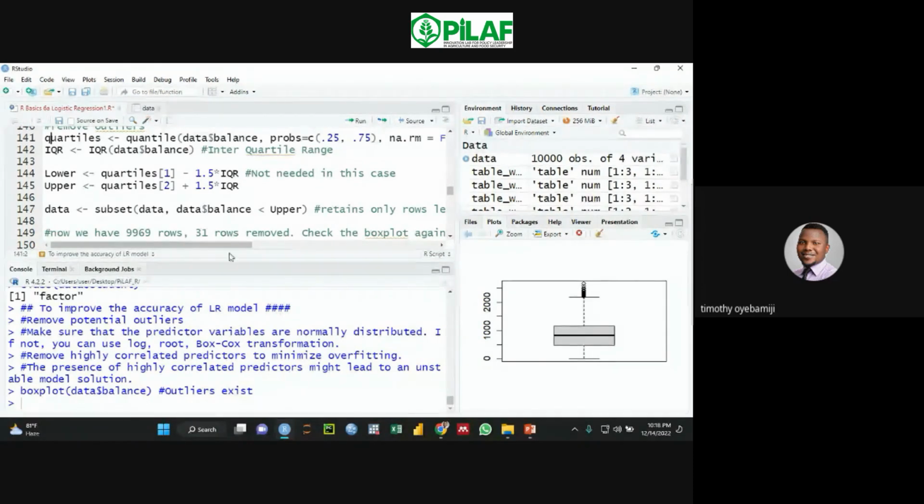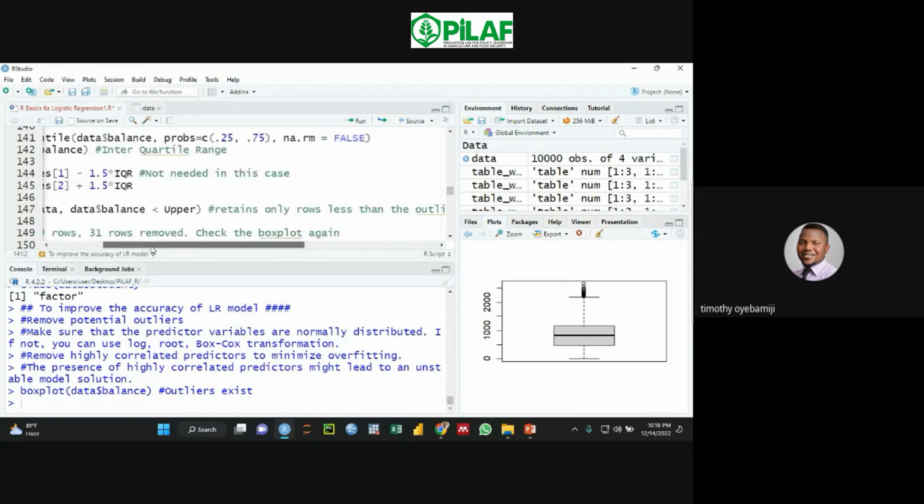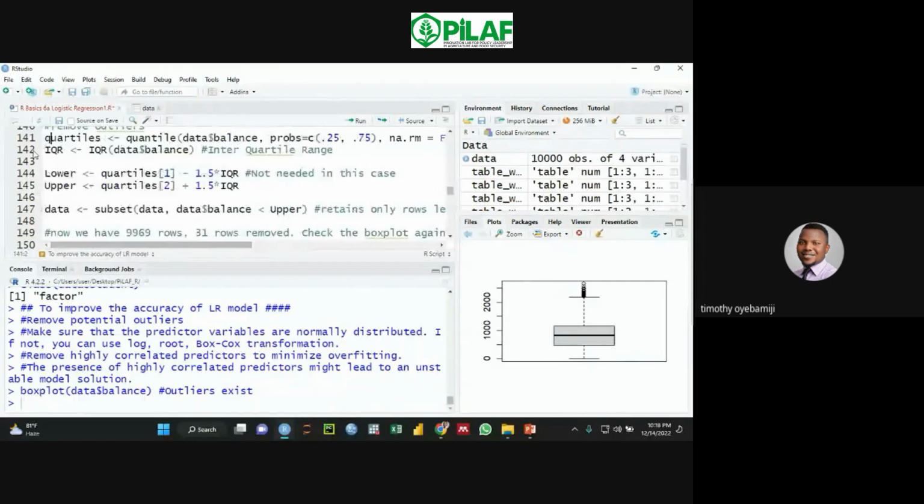We filter them out. Using quantile on the balance variable gives us the 25th percentile and the 75th percentile as a vector. If there is any missing value, remove it. For the interquartile range, IQR is the function in R that gives it to you.